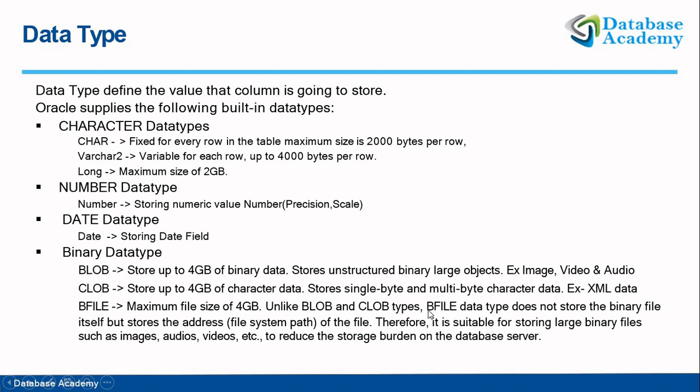Unlike BLOB and CLOB types, the BFILE data type does not store the binary file itself, it stores the address. So it does not store it on the same server. It stores only the reference of that file, so that it can reduce the storage burden on the database server.